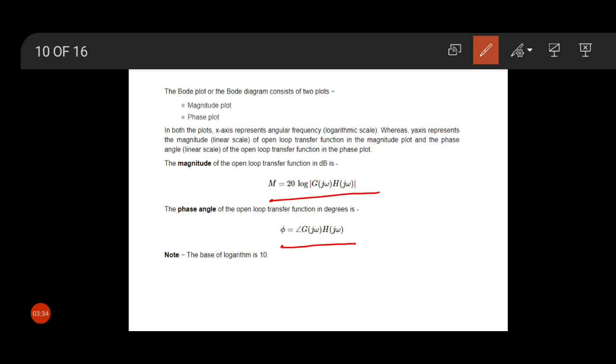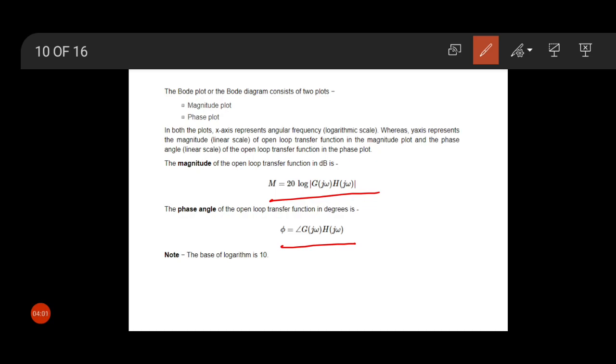By varying omega we plot the magnitude of our open loop or closed loop transfer function, and the phase plot is phi equal to the angle of G(jω)H(jω). Here also we plot the phase angle by varying omega.